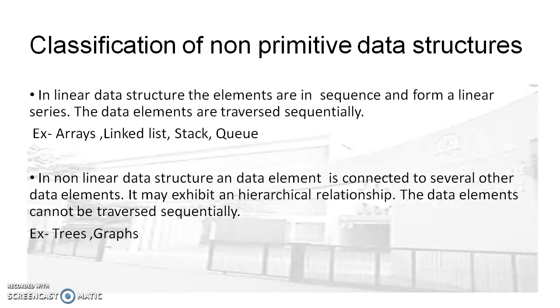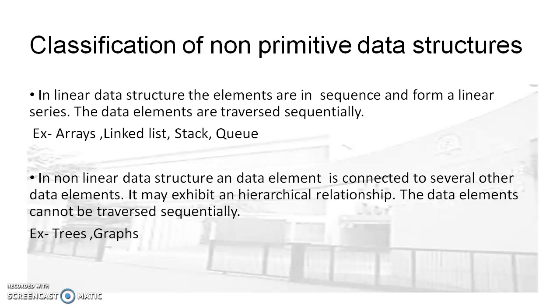Linear data structures are the data structures in which the data elements present in it are organized in a sequence and they form a linear series. And these data elements are traversed sequentially one after the other. The examples of linear data structures are arrays, linked list, stack and queue, in which the elements are organized one after the other.